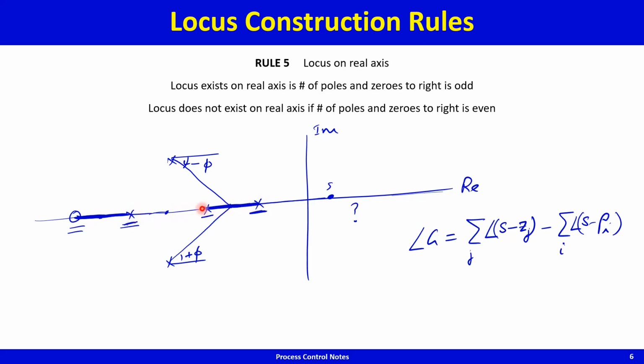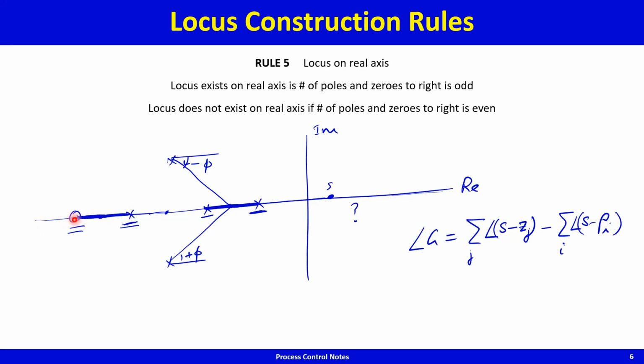Over here, the number of points to the right are even, and therefore locus does not exist. And over here, the number of critical points to the right is odd again, so locus exists.